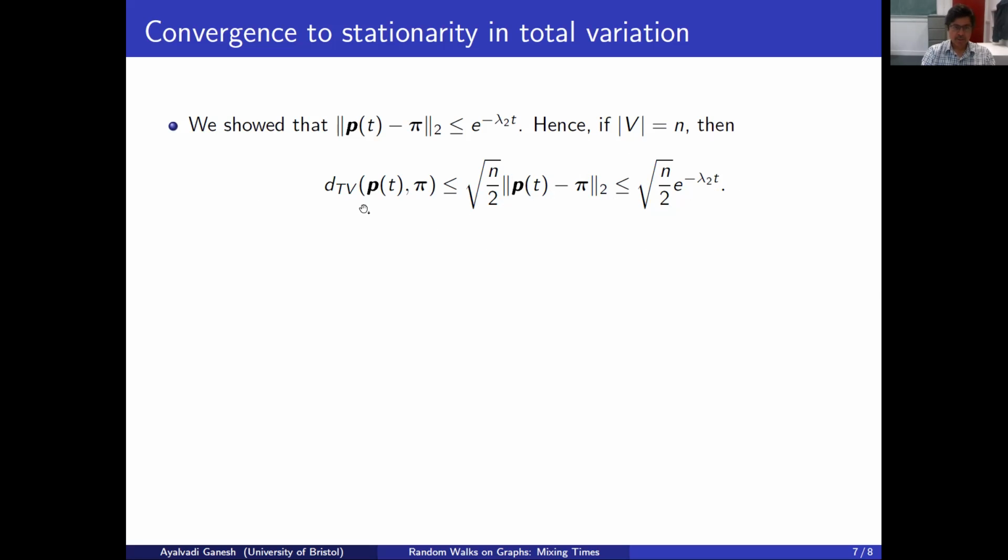So that's how quickly. Essentially the same thing: the total variation distance also decays to 0 exponentially in t, but it can be large for some time up to some multiple of log n, and after that the decay kicks in.